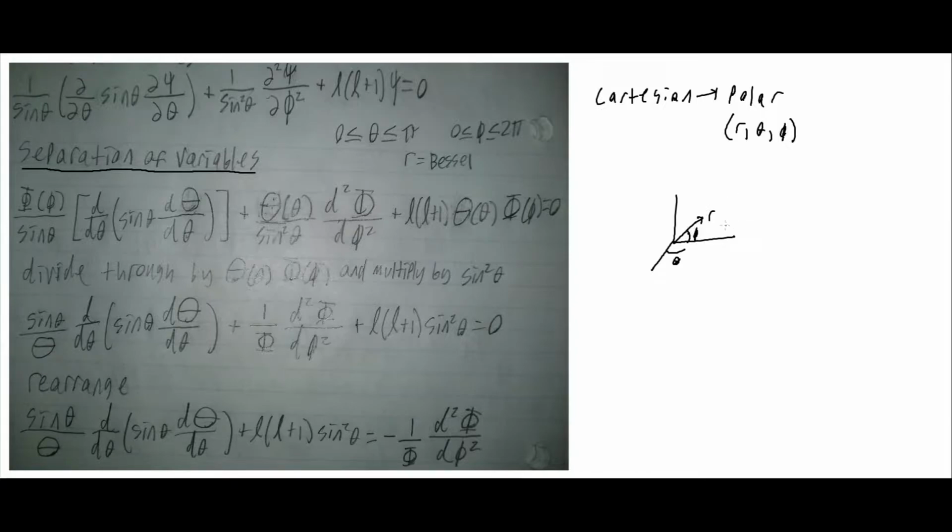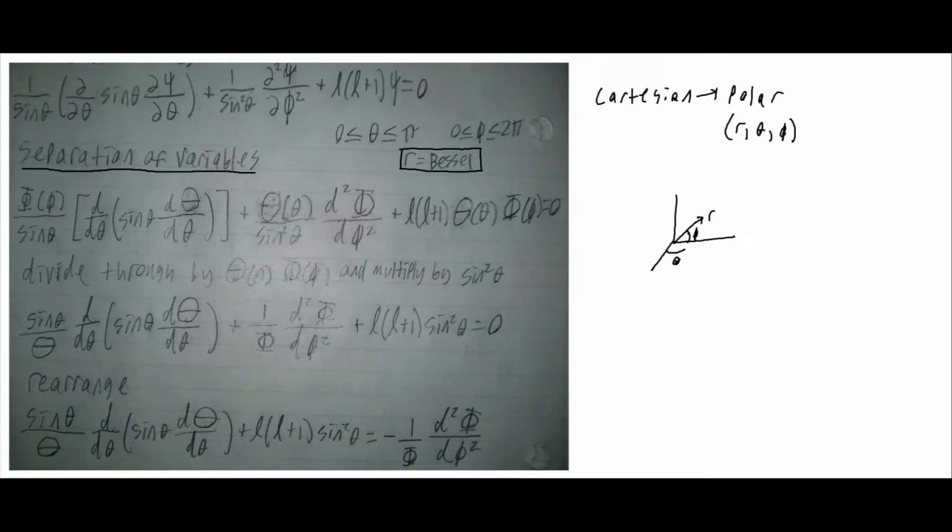But what you will notice here is that we don't have any radial components in this equation, so the radial components will be handled once we get to the Bessel functions. Right now we're just worried about our theta and our phi.